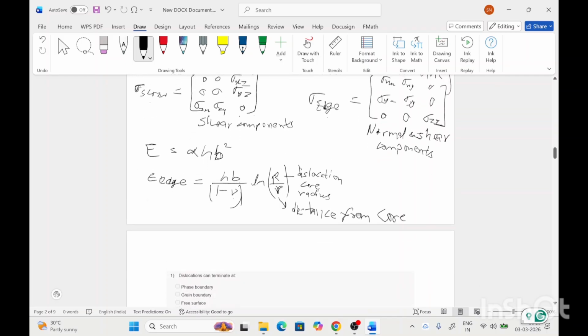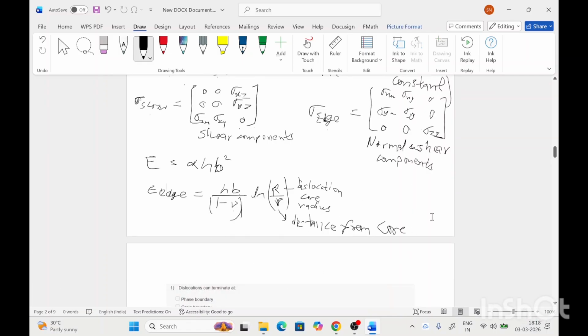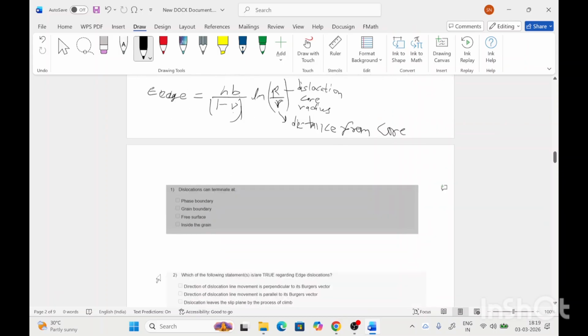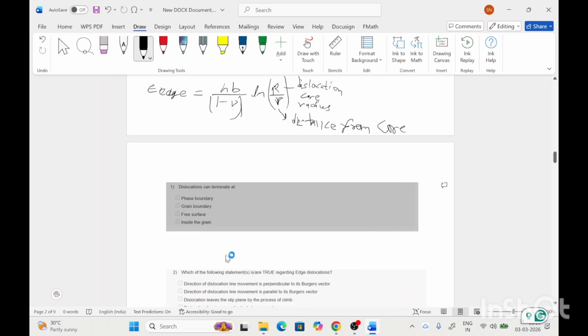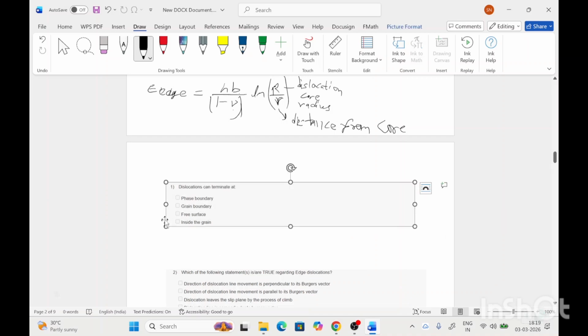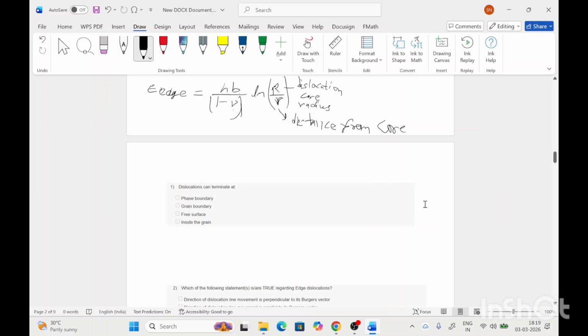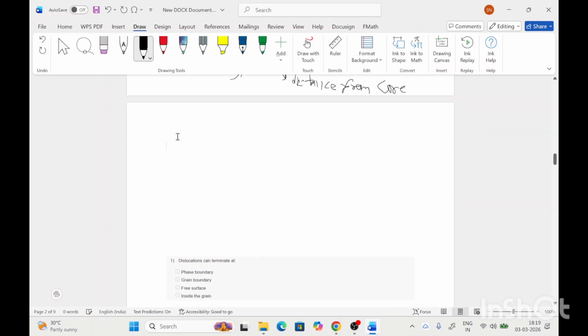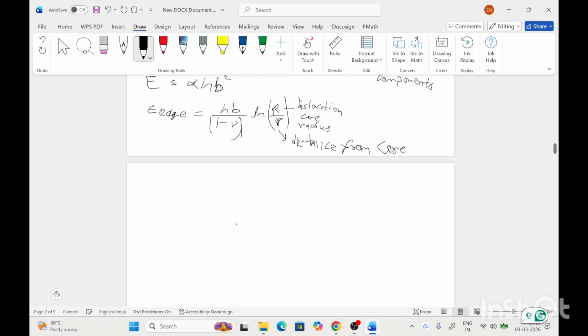While for screw dislocation, the energy stored around the dislocation core is given by only GB square ln r by small r.